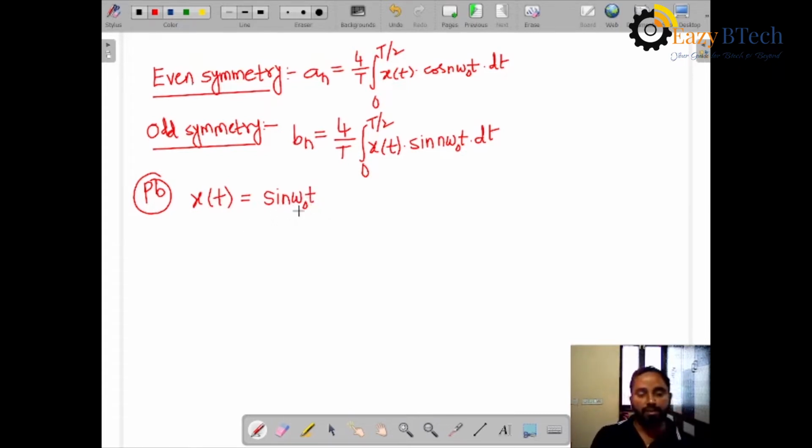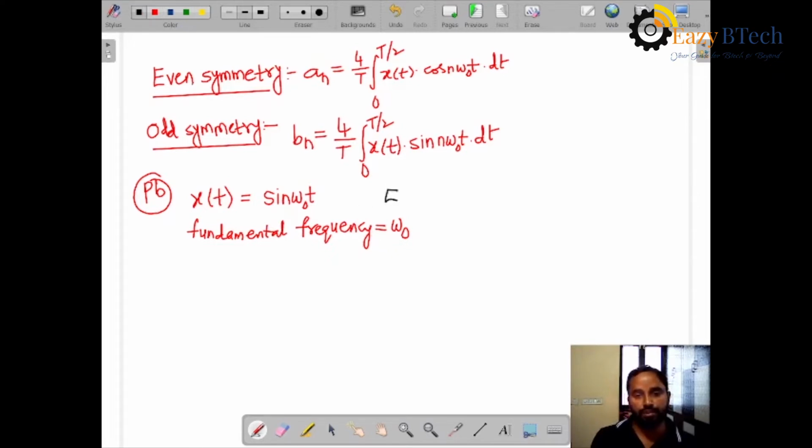So here the fundamental frequency is omega naught. And we know the exponential Fourier series.